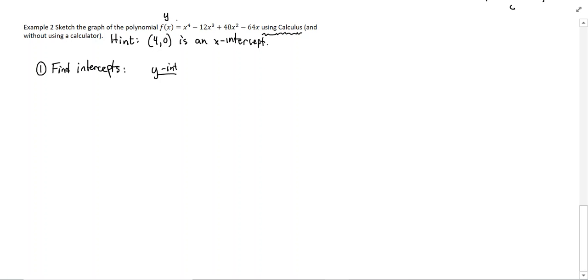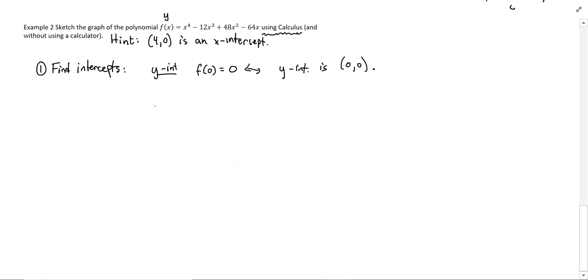Y is the output, so we get f of 0 equals 0. That tells us that the y-intercept is the origin, (0, 0). A function has only one y-intercept.